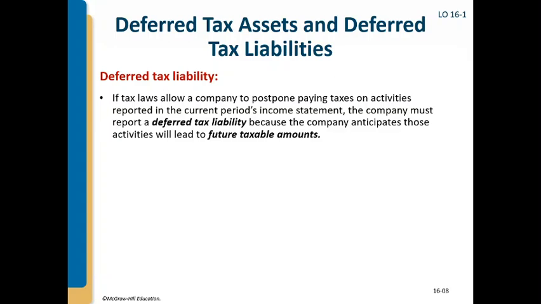And then you try to figure out your ending deferred tax assets and or deferred tax liabilities, and then you calculate the change in the deferred tax assets and or deferred tax liabilities. So that's the third step. And then the fourth step is simply a plug number to make everything balance. So that's going to be your tax expense.